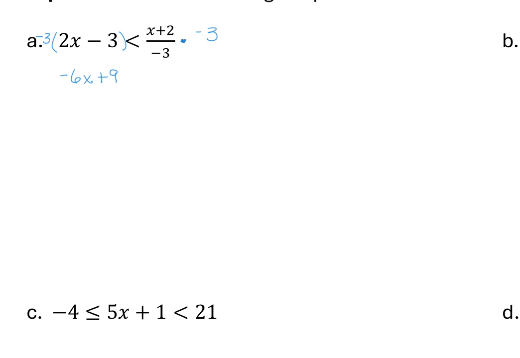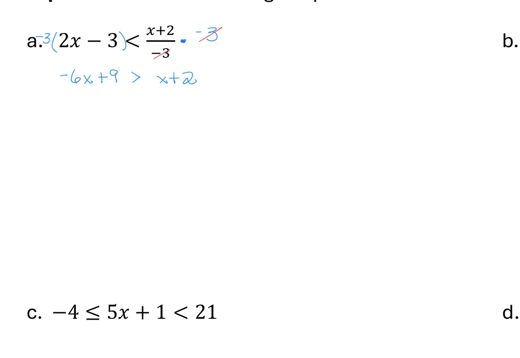On the right side, our negative 3's just cancel, and we are left with x plus 2. Now remember that we do have a rule that if we multiply or divide both sides by a negative number, we need to flip our inequality sign. So our less than is going to turn into a greater than symbol.